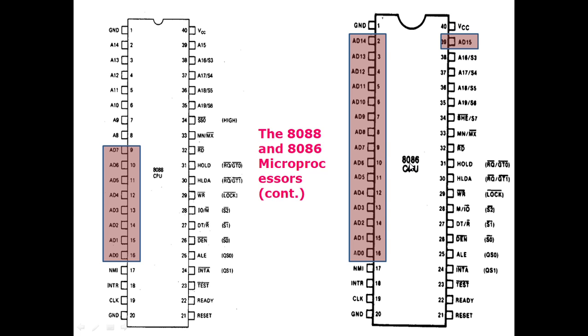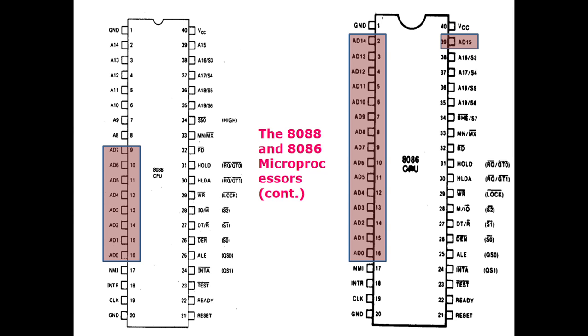Similarly, the 8086 has a 16-bit data bus, so it has to send or receive 16-bit data at the same time, and for that there are 16 address pins that are used for data as well. So these 16 pins are multiplexed for data as well as for address.